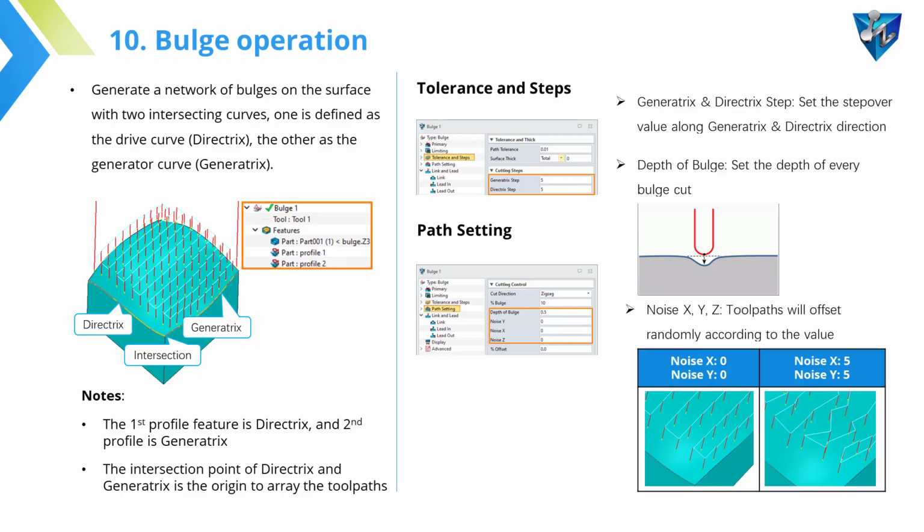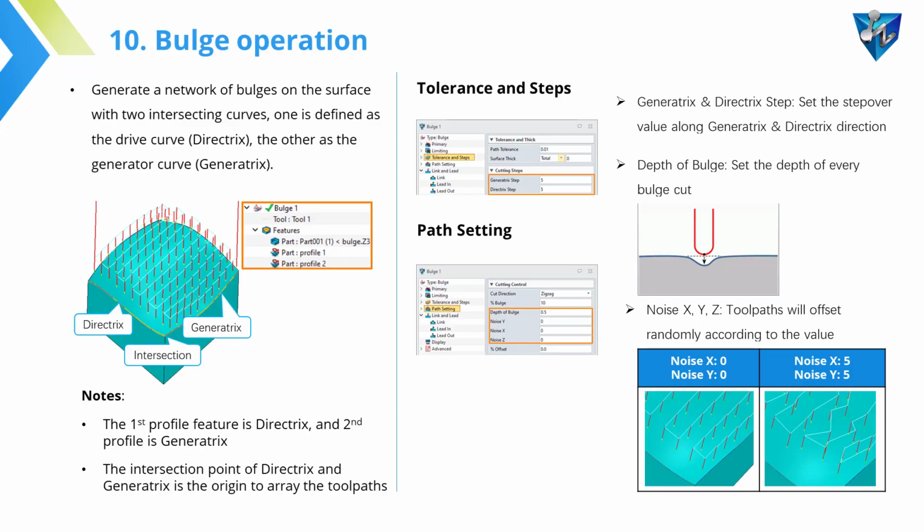Next one is the bounce operation. It will generate a network of bounce on the surface with 2 intersecting curves. One is defined as the drive curve, directrix. The other as the generator curve, generatrix. The parameters we normally use are generatrix and directrix step.